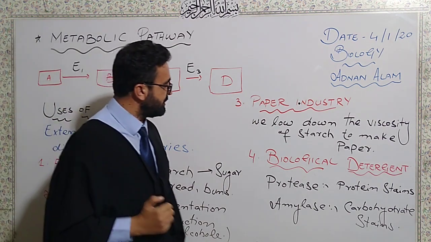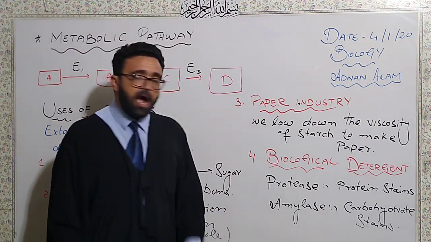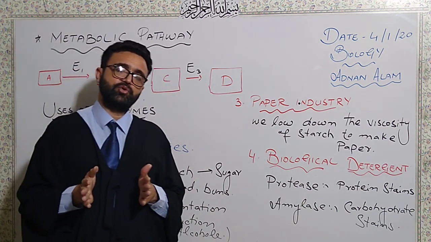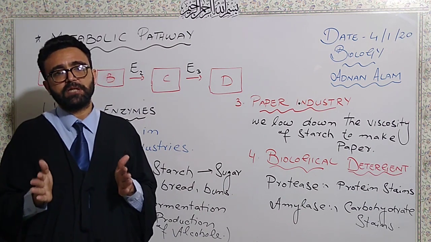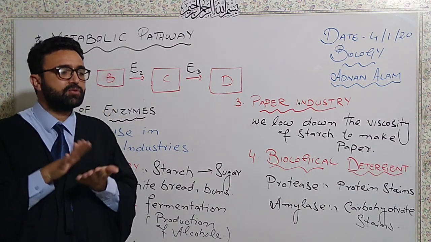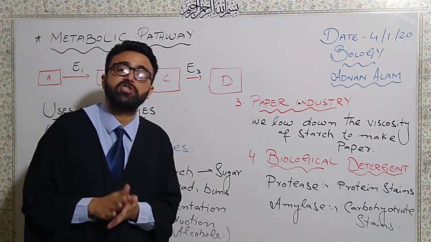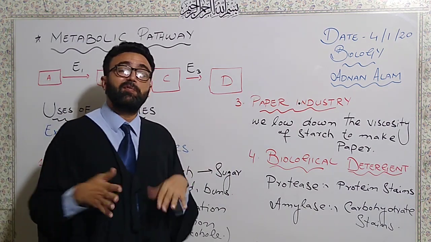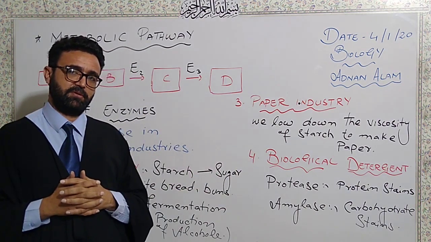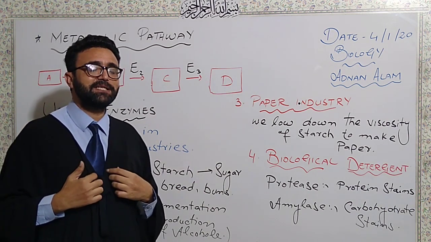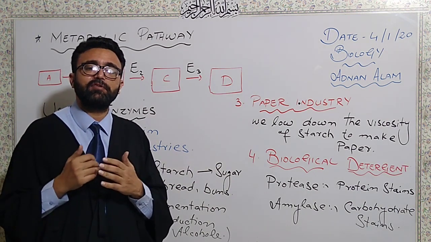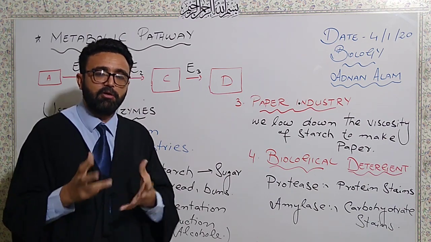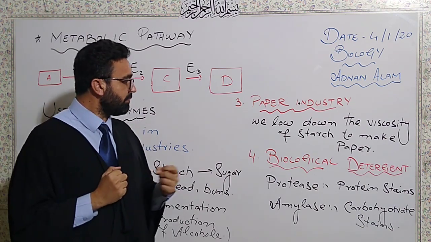In the paper industry, how is paper made? Usually paper is made from starch, and for this purpose we need to lower the viscosity of the starch. What is viscosity? Viscosity is actually the rate of flow of a fluid.